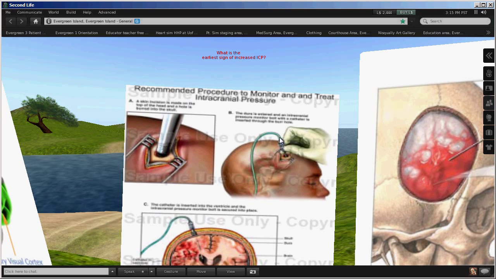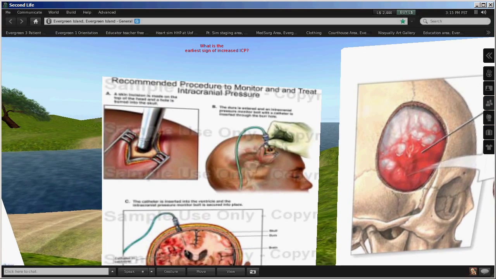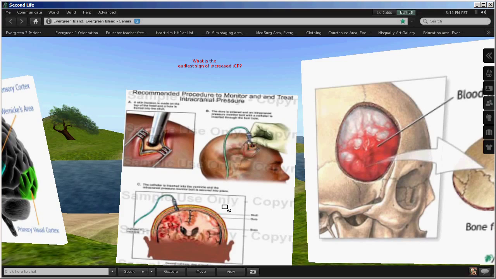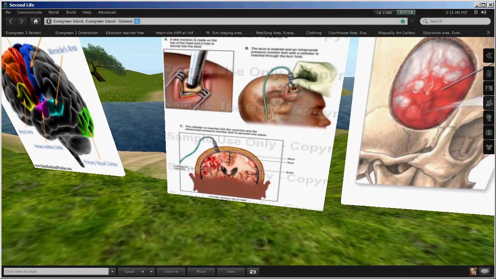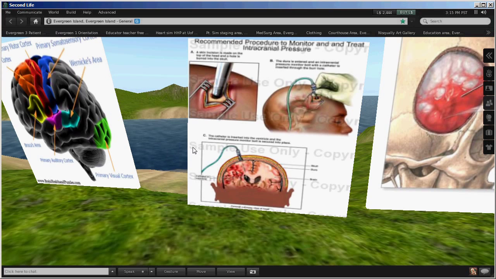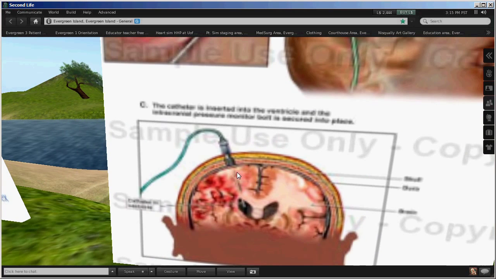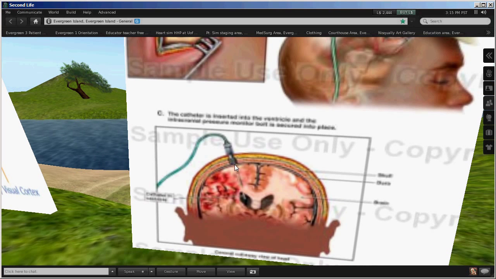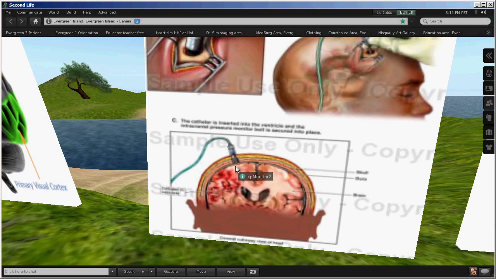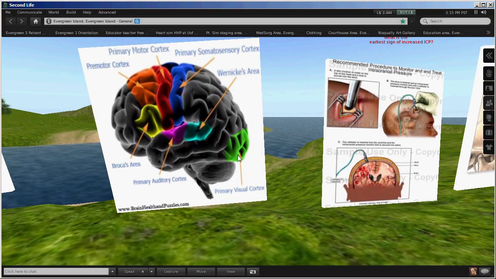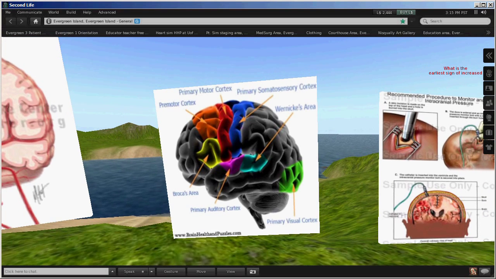It has some kind of special bag attached under pressure that delivers just the tiniest amount of fluid to keep it clear. You can see the catheter. On this particular picture, you can see where it goes into the skull and just barely on the edge of the brain. And of course, the risk with intracranial pressure monitoring is the risk of infection and meningitis.